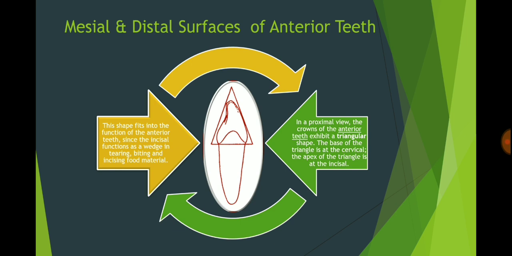Keep that in mind. This triangular shape fits into the function of the anterior teeth, which is incising food. They work as a wedge in tearing, biting, and also, as I mentioned, incising the food. So review this slide. Make sure you know the basic anatomy and the shapes that the teeth form.